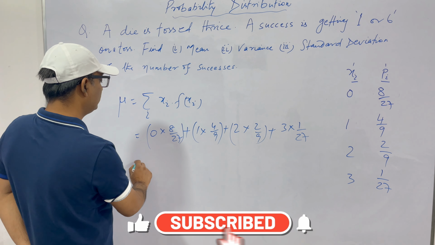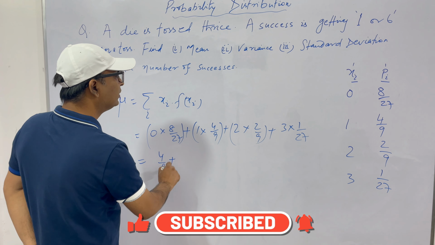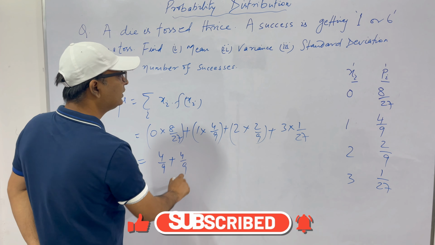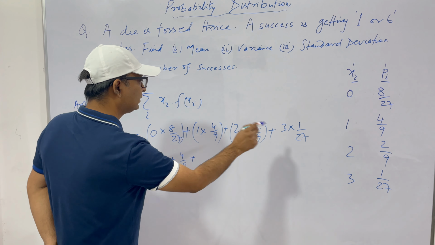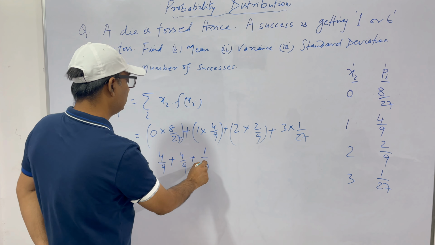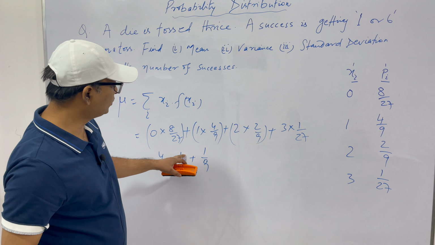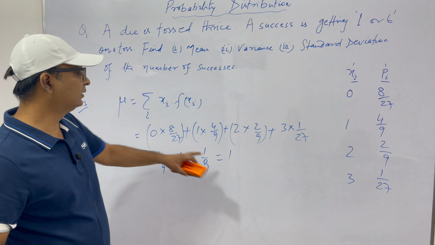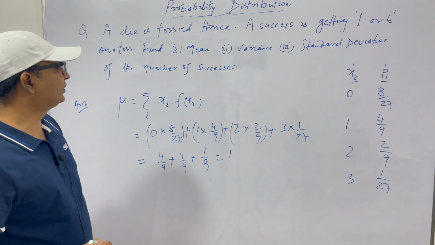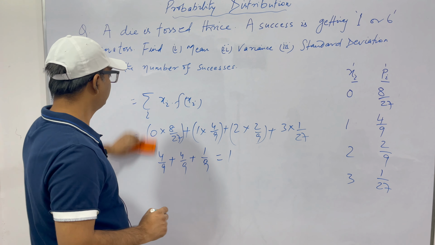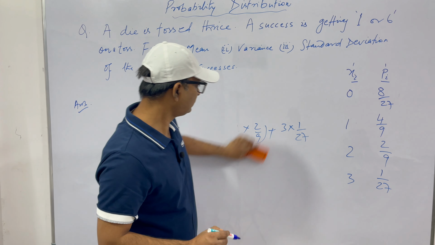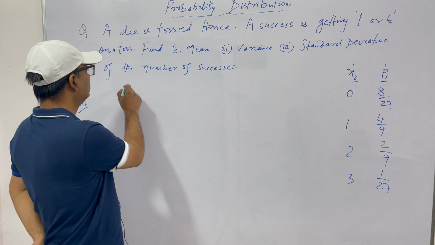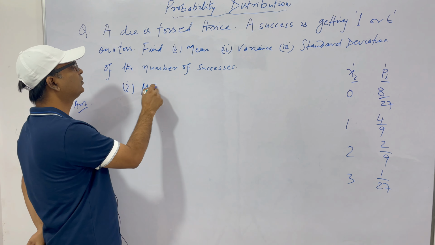This is 4 by 9 plus 4 by 9 plus 1 by 9. So this is 4 plus 4 plus 1, 9 by 9, that is 1. So our mean is 1. This is our first answer. Clear? So we have found the first answer, mu is equal to 1.